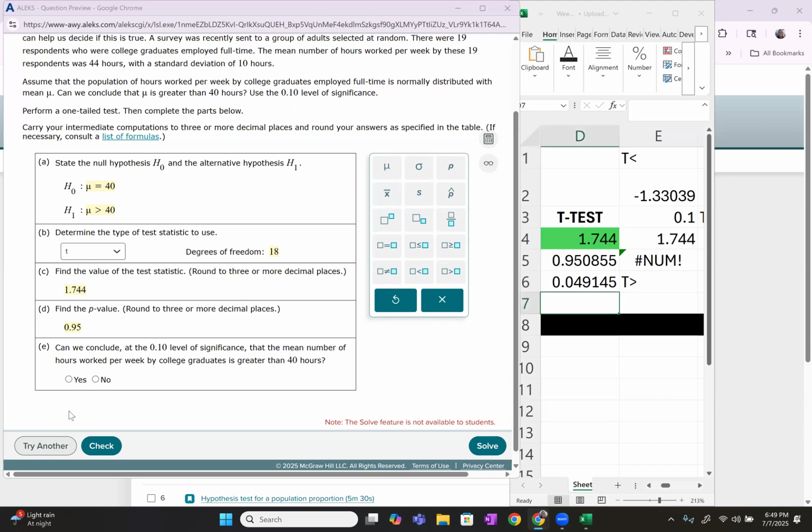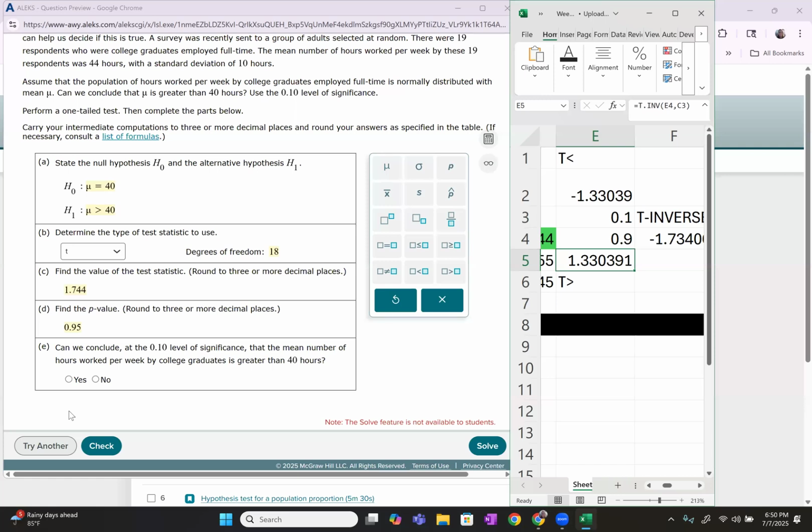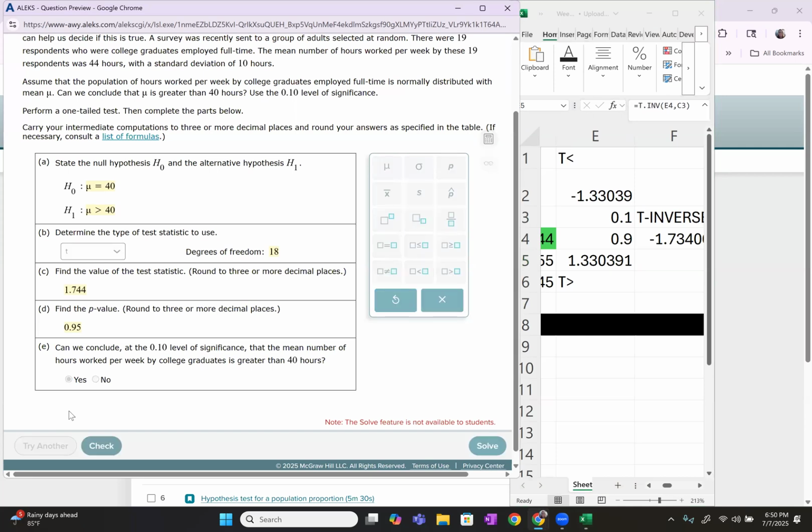It's one-tailed. P is less than alpha. So yes or no? Yes. Okay, you're gonna go with yes. Let's check it.